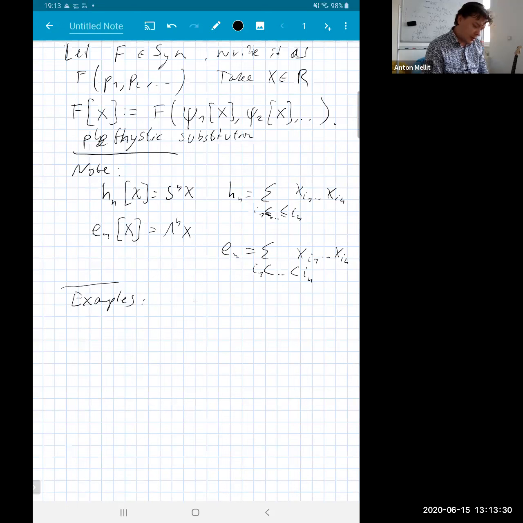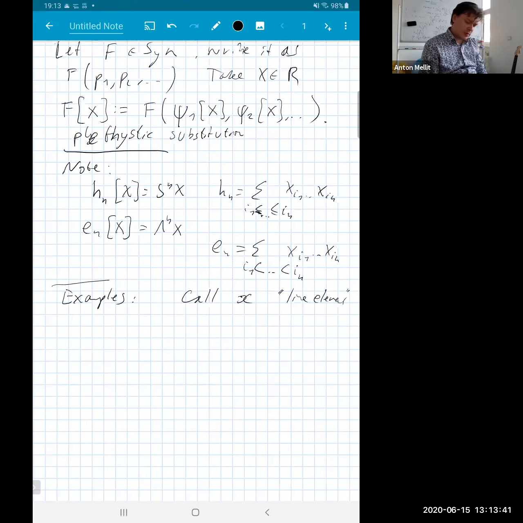We call X a line element, I think this is what Kontsevich and Soibelman call it, if all exterior powers vanish for k at least 2.